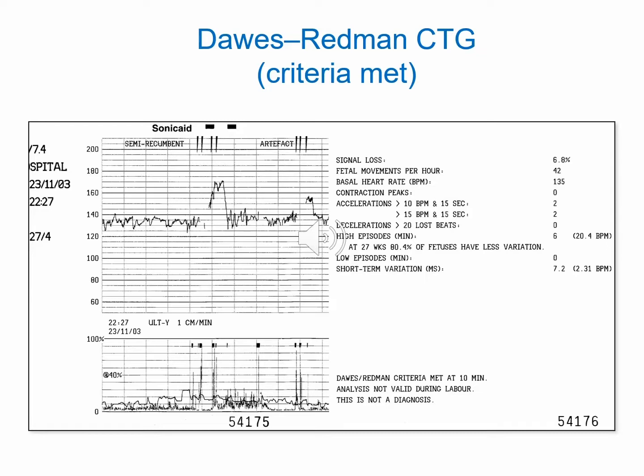As you can see, the 7 parameters that I have already described have been narrated on the side: signal loss, fetal movements per hour, basal heart rate, contraction peaks, accelerations, decelerations, high episodes of variation, low episodes of variation, and short-term variation. At the bottom, the trace says Redman criteria met at 10 minutes. Analysis is not valid in labor, and this is not a diagnosis.